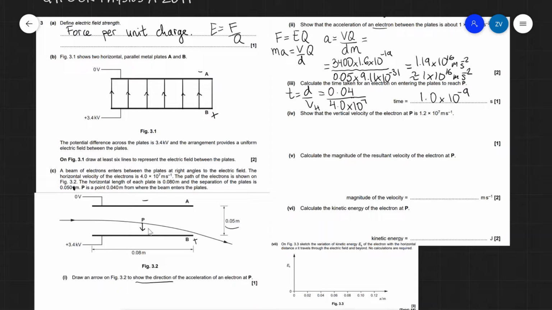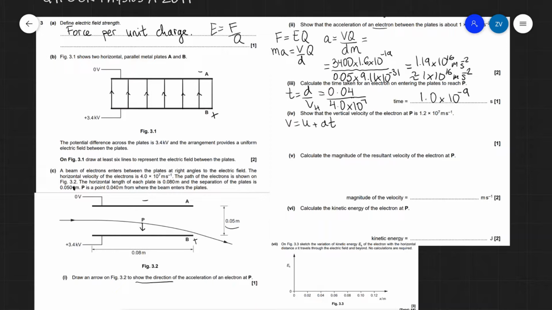We're going to have to use these SUVAT equations because there will be a constant acceleration in between those plates. So given that, we need to find the final velocity, and we have the time, and we also have the acceleration up here. I'm just going to use the fact that final velocity is equal to initial velocity plus at.